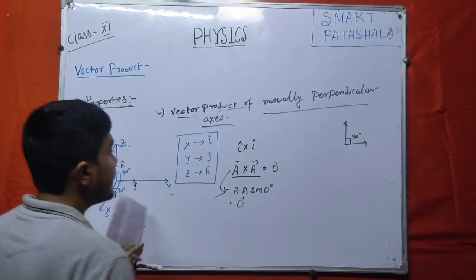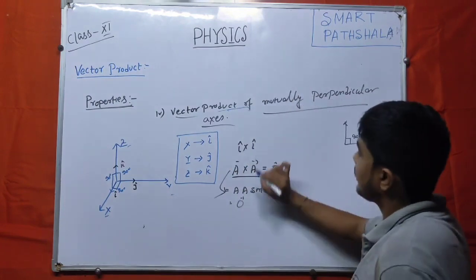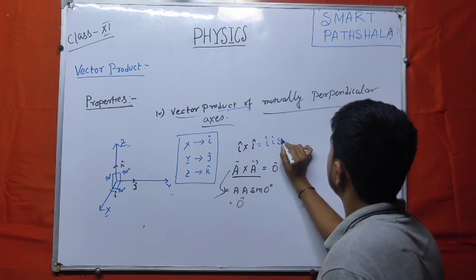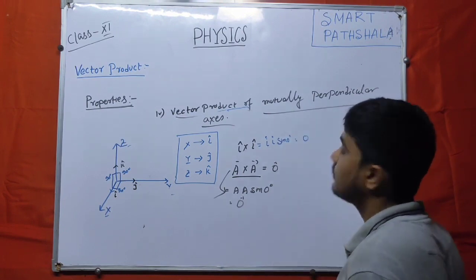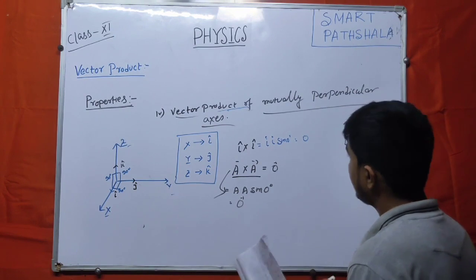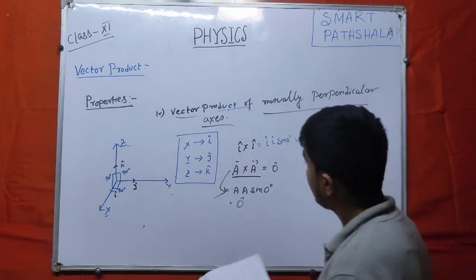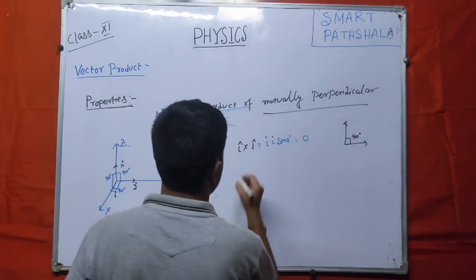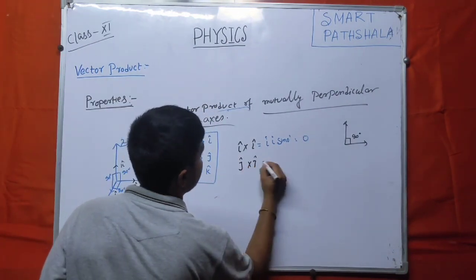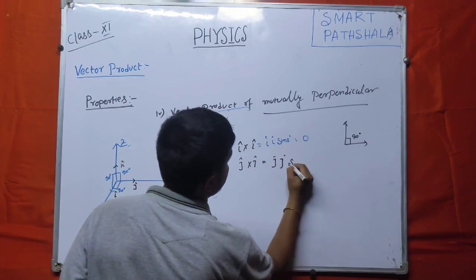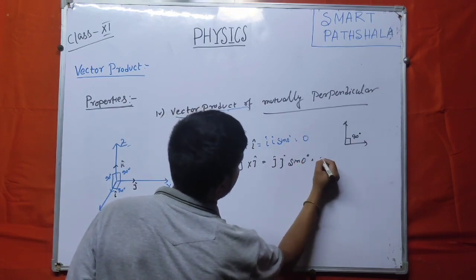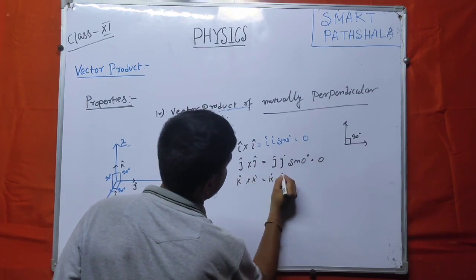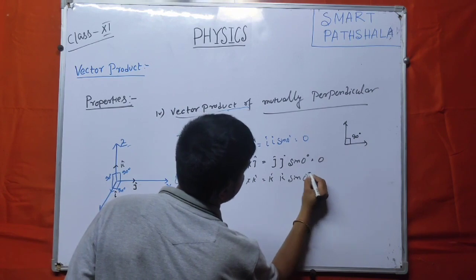Similarly, i cross i equals i i sine 0 degree equals 0. j cross j equals j j sine 0 degree equals 0. k cross k equals k k sine 0 degree equals 0.